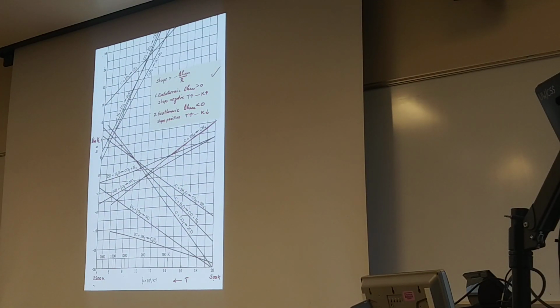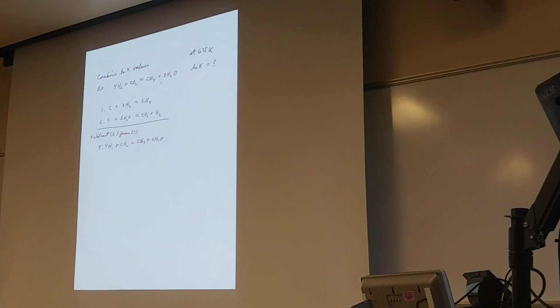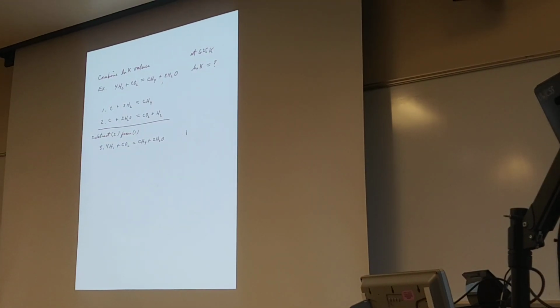So I'm over here. And I can go up to this reaction at 16 and I get, it looks like log K is equal to 4. Let's call that log K1.